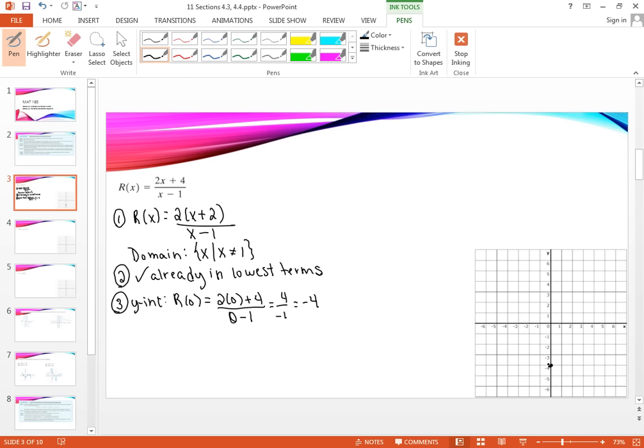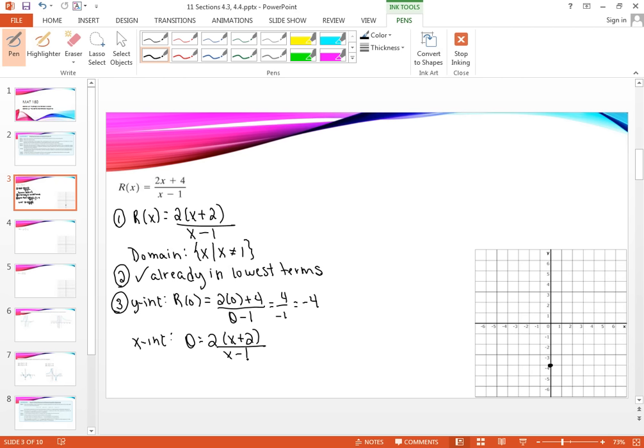Okay. To find the x-intercepts, you set the function equal to 0. And remember, when you're dealing with rational functions, the denominator cannot equal 0 because that's where we get the undefined, we don't want that happening stuff.